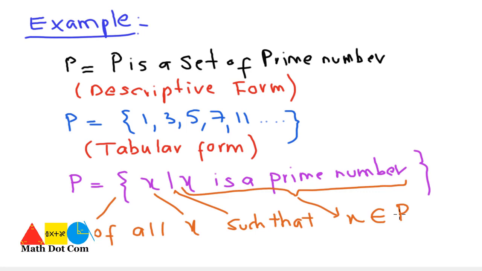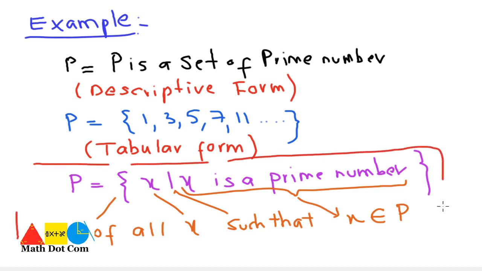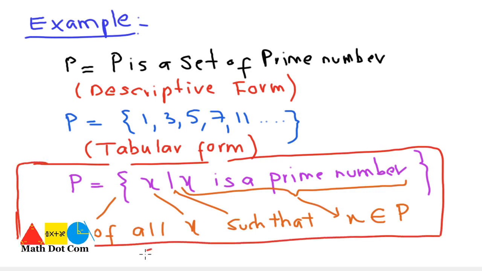So this is the set builder form of the given set of prime numbers, represented in this form.